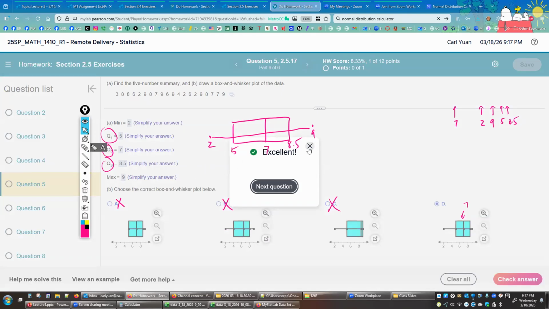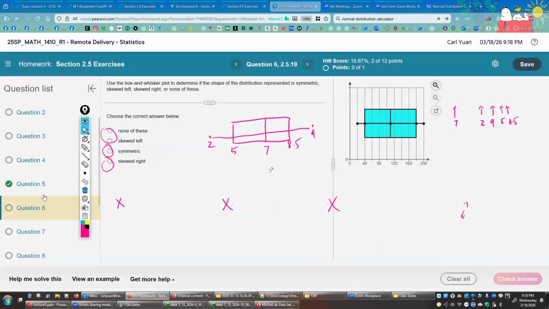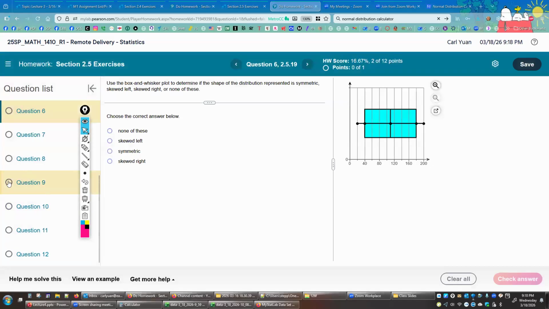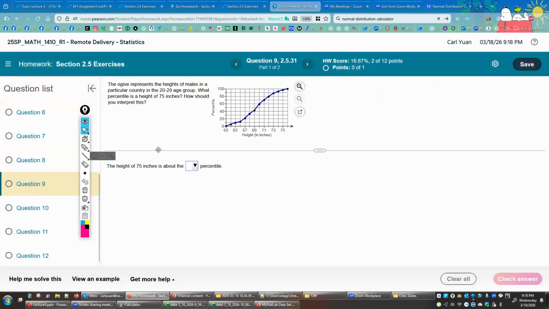Next one, let's try number 9. Okay, number 9, we have an ogive. It represents the heights of males in a particular country in the 20 to 29 age group. What percentile is a height of 75 inches?